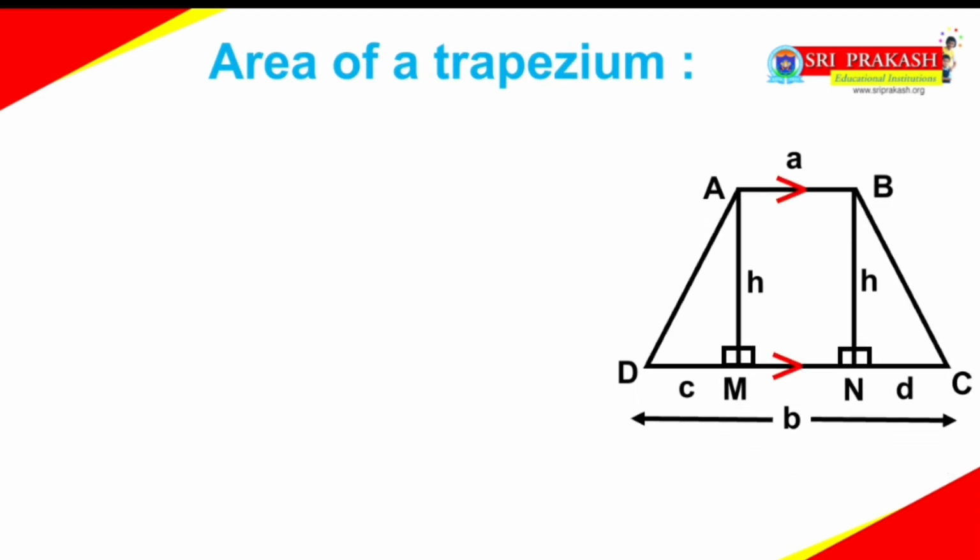Next, children, now let us find the area of the rectangle ABNM. Children, what is the formula to find an area of a rectangle? Yes, it is l into b. For this rectangle, the length is h and breadth is a.